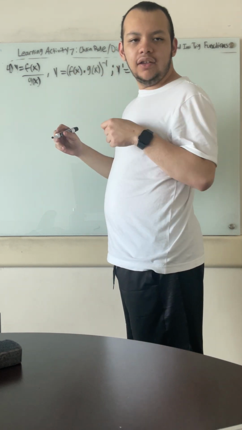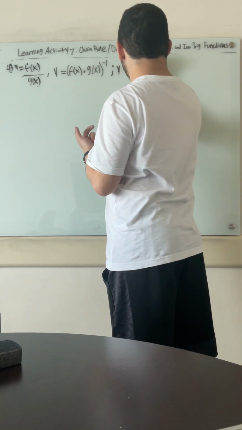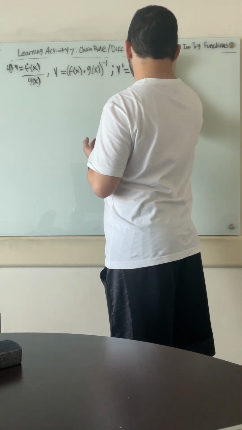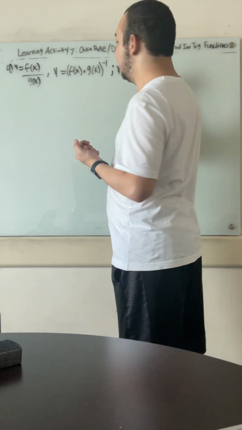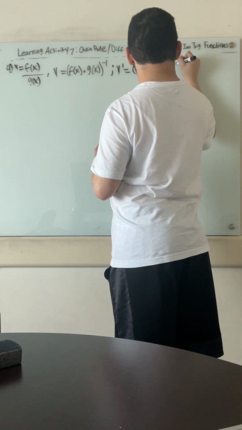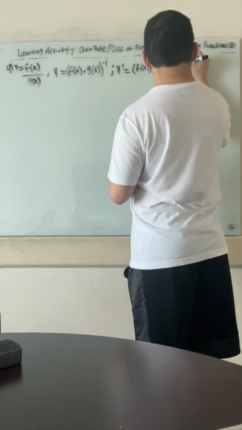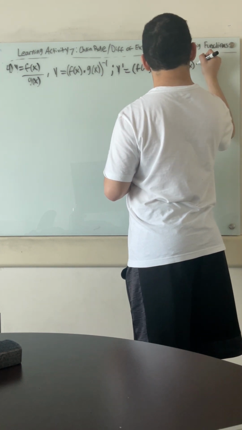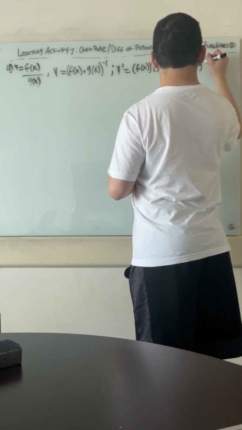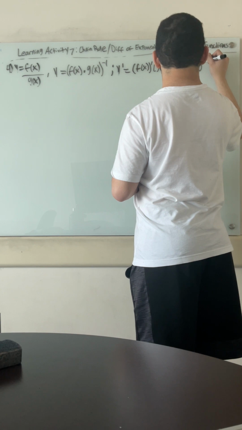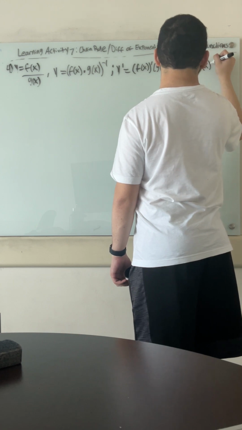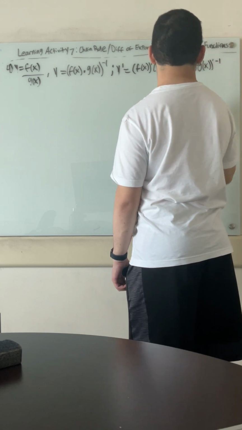So y prime is equal to the derivative of f of x times g of x to the negative 1, plus f of x times the derivative of g of x to the negative 1.